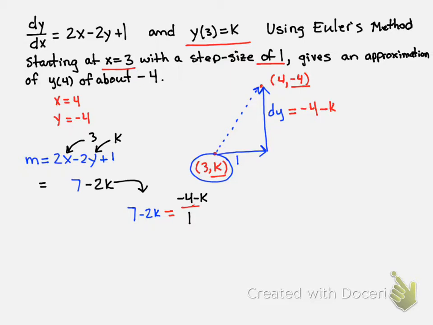Well, this is really just the equation 7 minus 2k equals negative 4 minus k. I could add 2k to both sides. I could add 4 to both sides. k equals 7 plus 4 is 11. That is the solution to this harder problem.